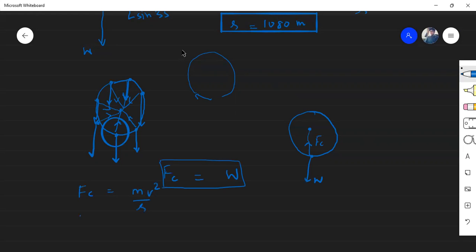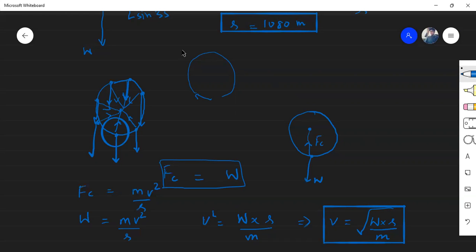So we know the mass of the plane, we need to find v squared, and we know the radius of the circle that it's moving in. Just use v squared is equal to the weight times r divided by m. We can further simplify this by taking the square root on both sides. So v is the square root of weight times the radius divided by m. This is the solution.